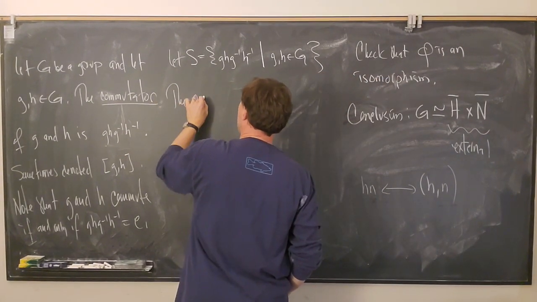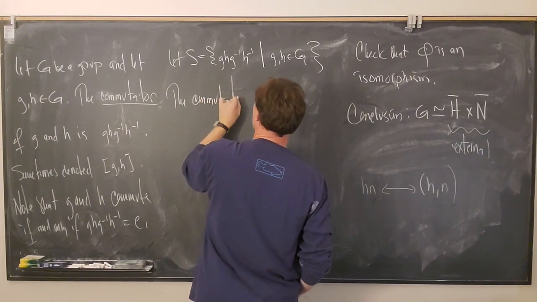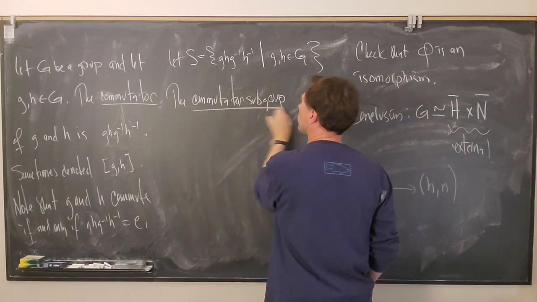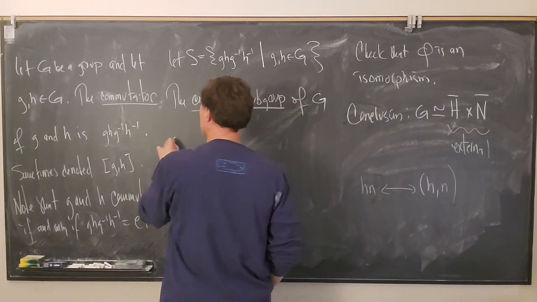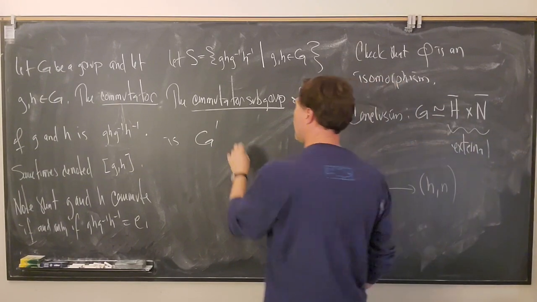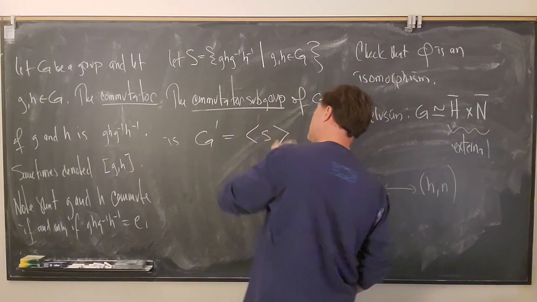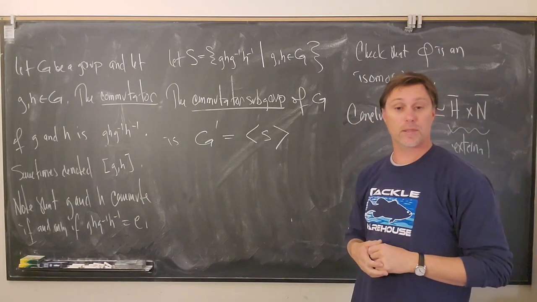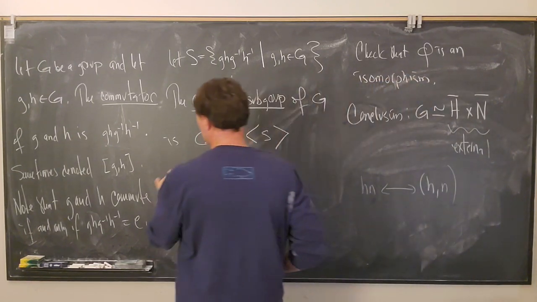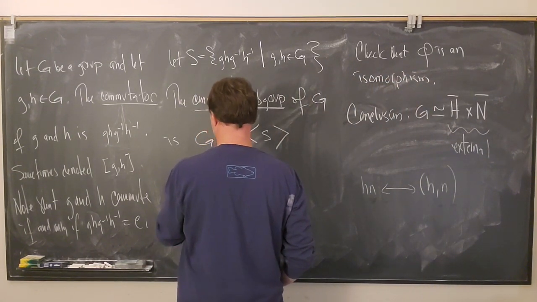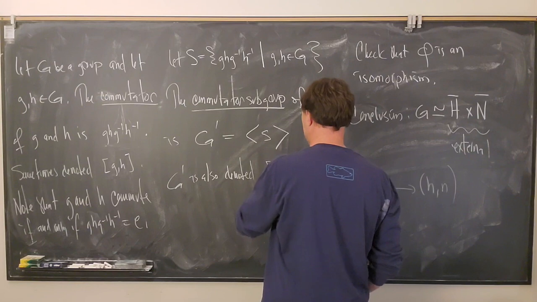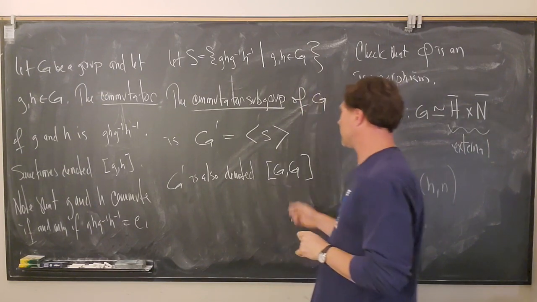The commutator subgroup of G is, and it's typically denoted G prime, and it is the subgroup generated by capital S, right? So it's the subgroup generated by all commutators. Sometimes G prime is also denoted, and I'm not going to use this notation either, but sometimes instead of writing G prime, they'll write in brackets G comma G.